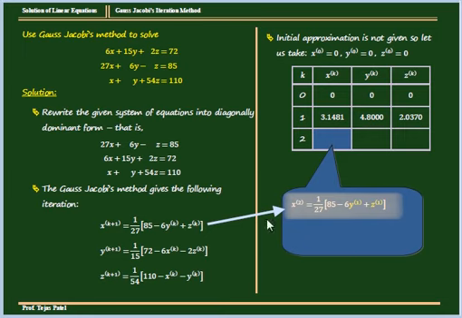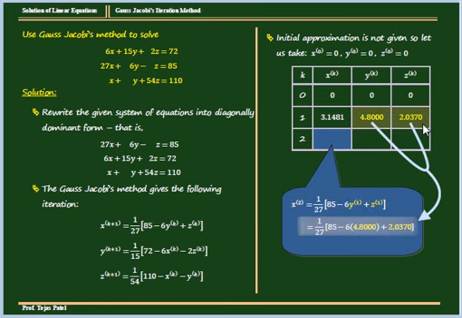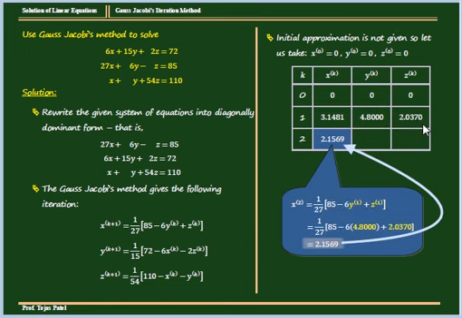From the first equation, x2 is equal to 1 upon 27 85 minus 6y1 plus z1. Now we can see that the y1 means 4.8000, z1 is 2.0370, so substitute these two values in the equation, solve this, we'll get 2.1569.